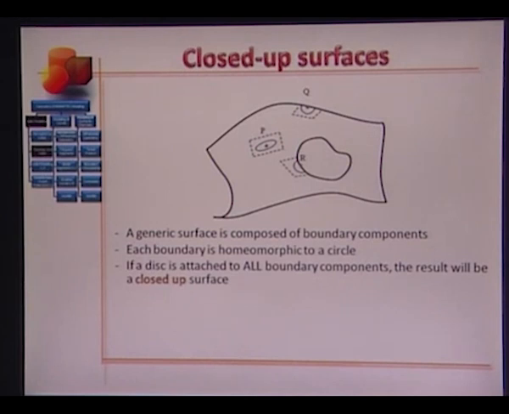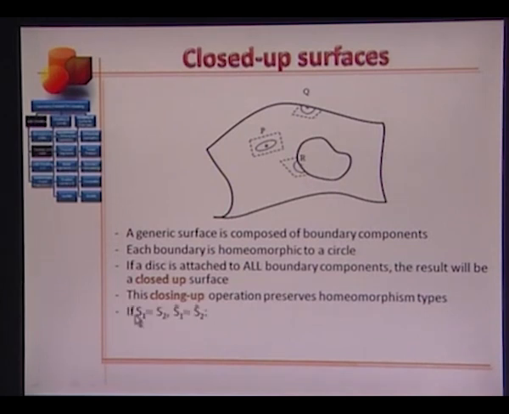Now, if a disk, also of a circular boundary, is attached to all boundary components one by one, the result will be a closed up surface. In a sense, what we will get will be a surface with no boundaries and therefore a solid. It's like eliminating the boundaries one by one.